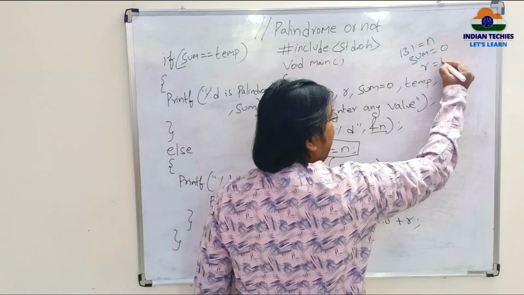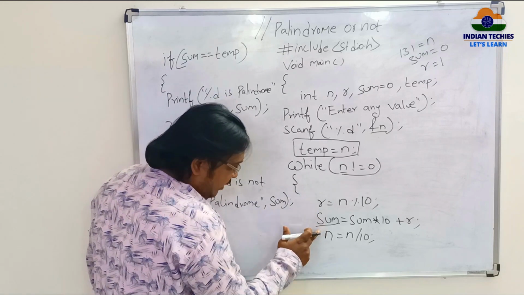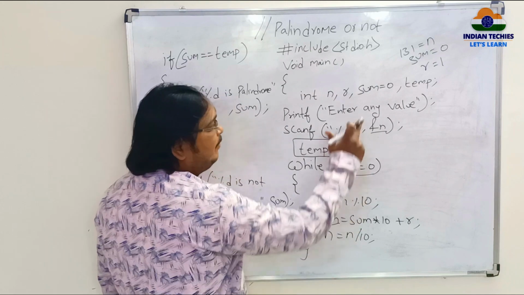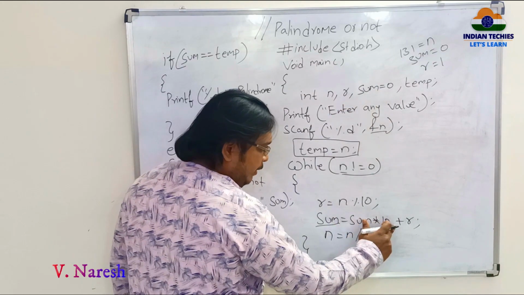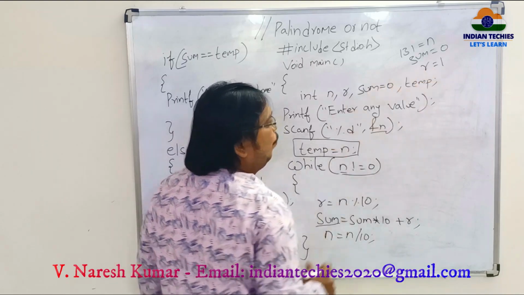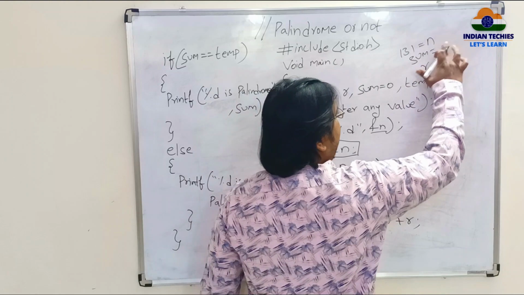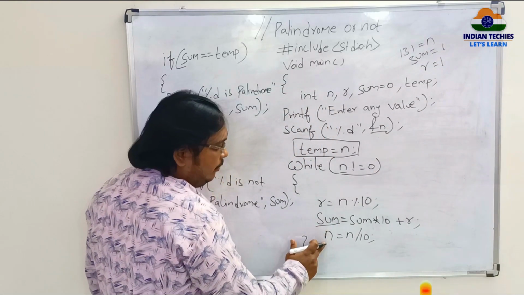Now R value is 1. Next step. Sum is equal to, initially sum value is 0. 0 into 10, 0 plus R. What is R value? 1. So 0 into 10, 0 plus 1. Sum becomes 1. Next, n is equal to n by 10.